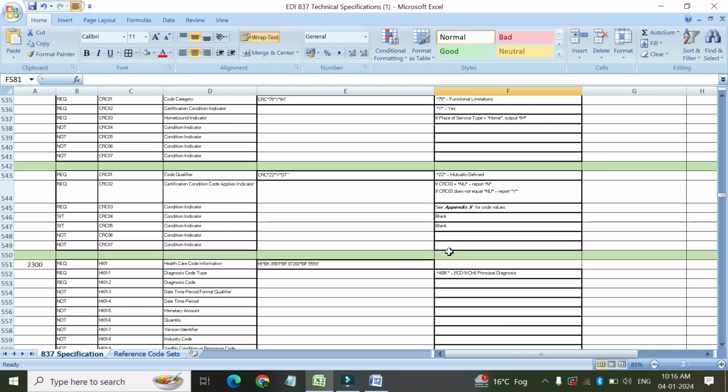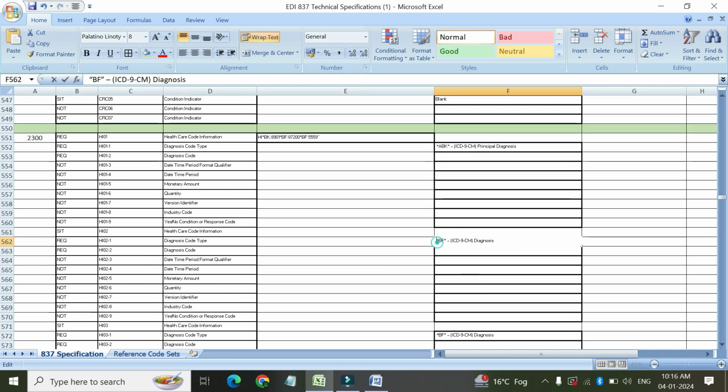All of them will have BF, or ABF because we are using ICD-10 codes now. So hope that's clear. And remember, one claim only contains a maximum of 12 diagnoses. A minimum of one principal diagnosis has to be there, and then all the others, second, third, fourth, are optional.